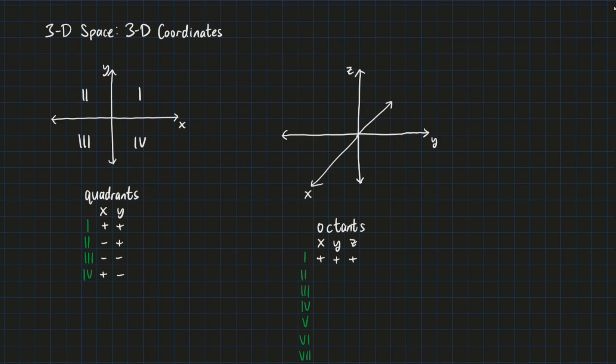And then octant 2, y and z are positive, and x is negative. And then similarly to the pattern of the quadrants, octant 3 would be x negative, y negative, z positive. And then octant 4 is x positive, y negative, and z positive. And octants 5 through 8 are when z is negative, and then the pattern repeats.